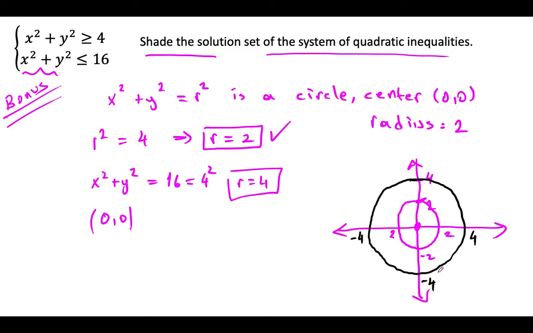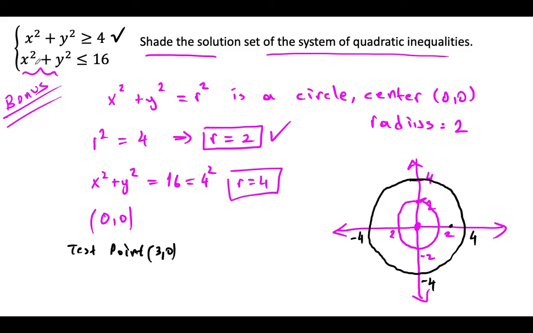Now, where is the solution? Be careful. For the first one, x squared plus y squared is greater than or equal to 4, so it is the inner, small circle. The solution is inside or outside of the circle. It's so simple: take one test point, for example 3 comma 0, where x is 3 and y is 0.